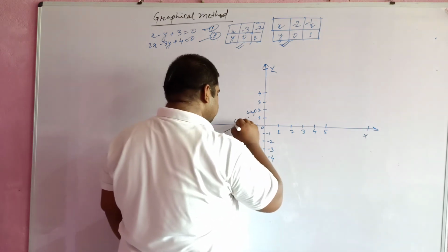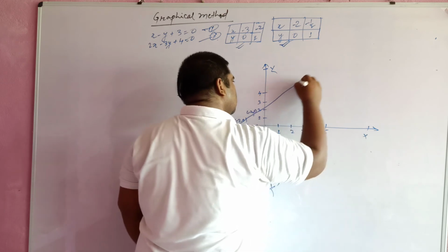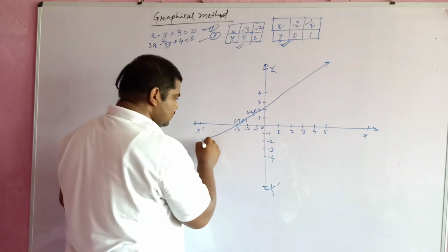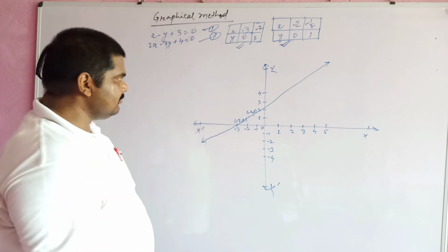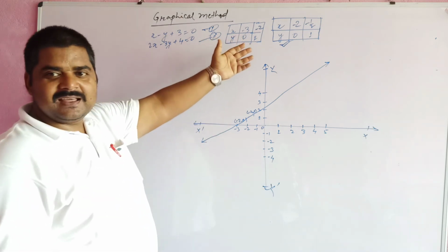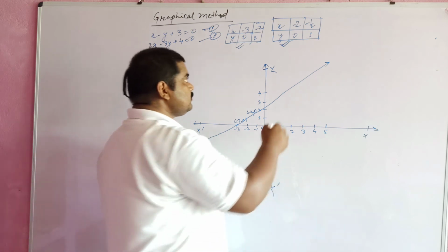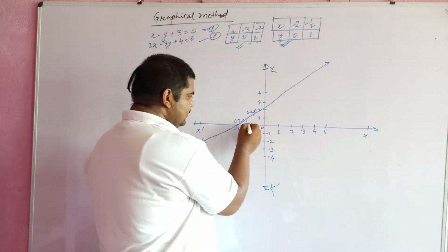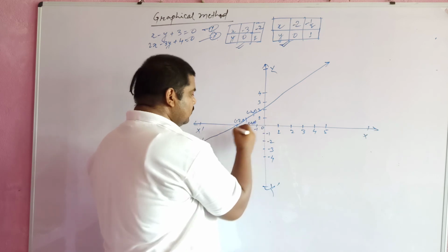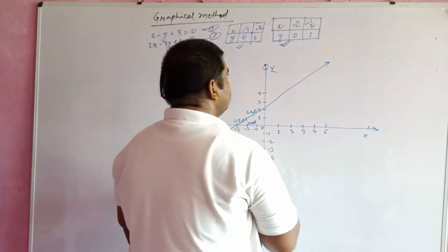It is very difficult for me to draw on the board, but I have to try. In the next coordinate, minus 2, 0. Minus 2, 0 is this one, and the second one is minus half.